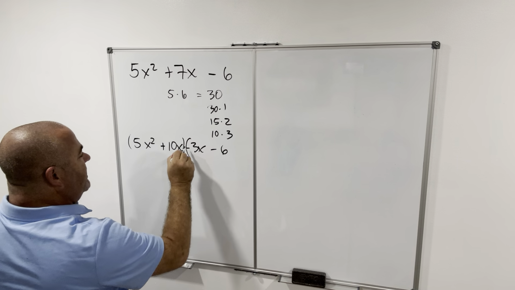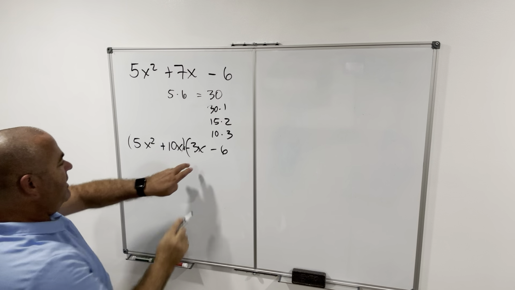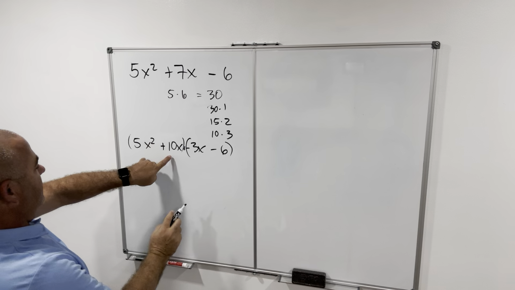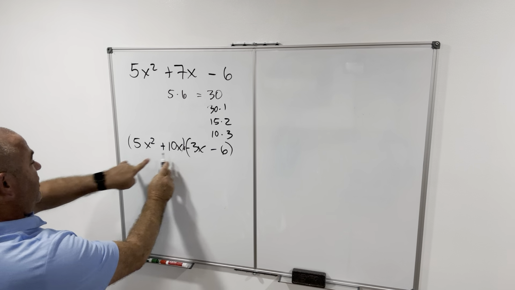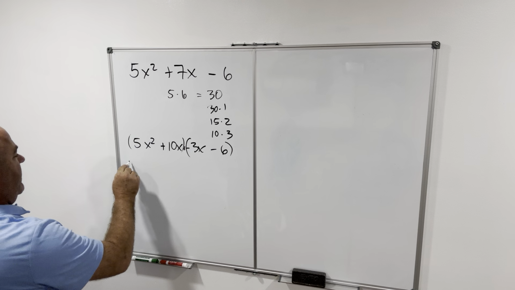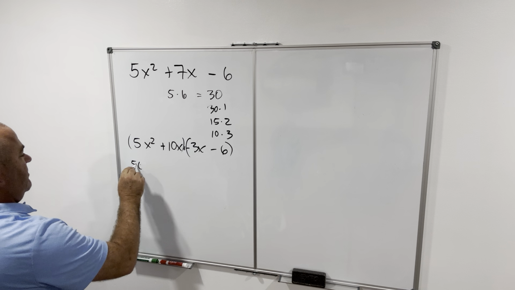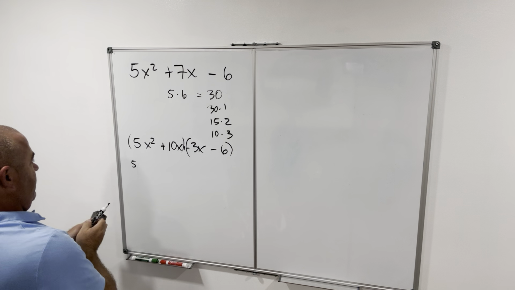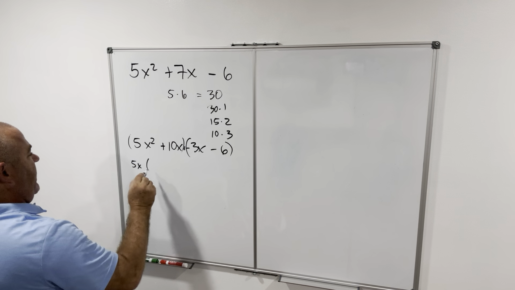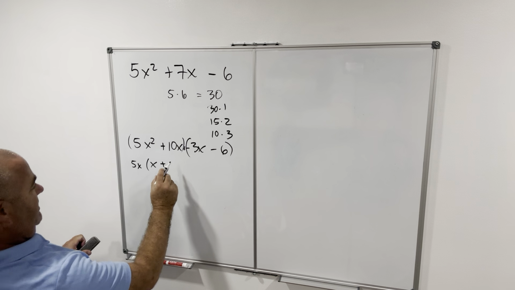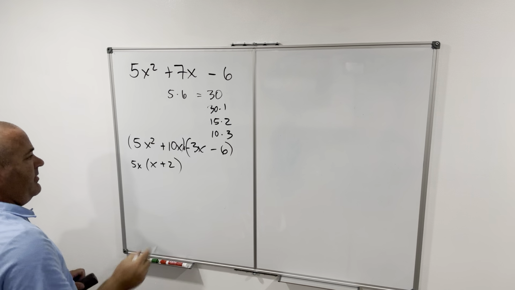Now, we can just go ahead and group these. I'm going to put a plus in here just so we remember that these signs are going to stay the same. And then we can just factor out of each one of these. In this case, we can factor out a 5x. We rewrite that, and we're left with x plus 2.